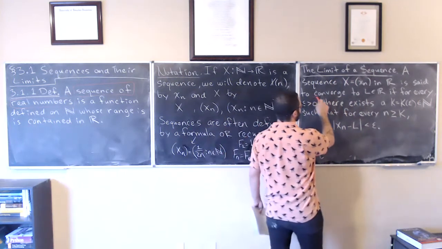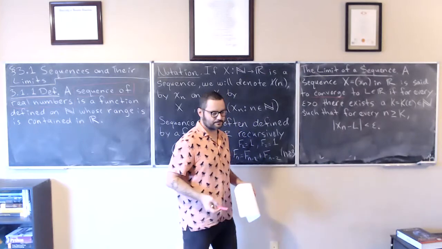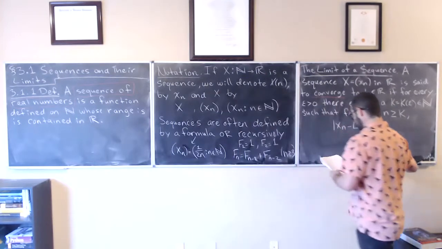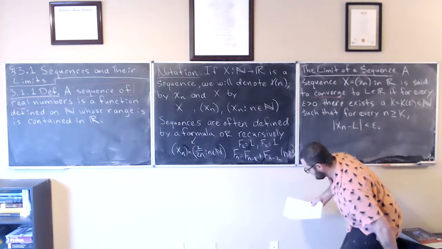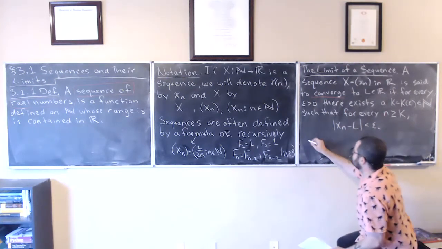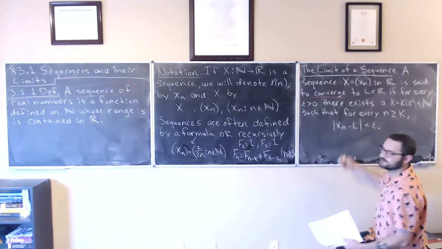So this is what it means for a sequence to converge. Now, if a sequence does converge, then we say that the sequence has a limit.